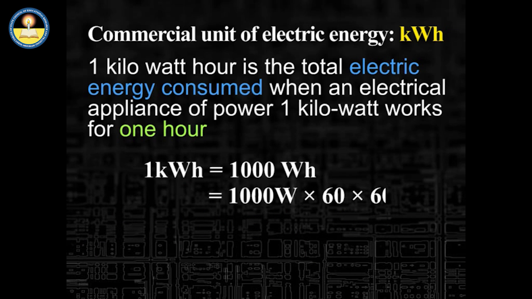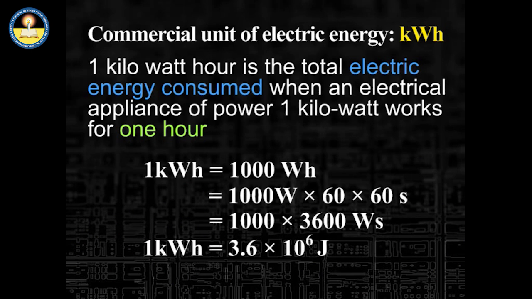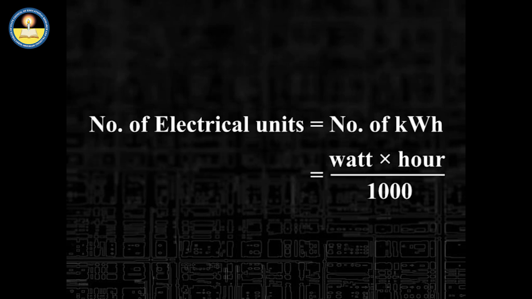This is equal to 1000 watts into 3600 seconds or 3.6 into 10 to the power 6 joules. It should be noticed that the number of units of electricity consumed is equal to the number of kilowatt-hours, or is equal to the product of watts and number of hours divided by 1000.